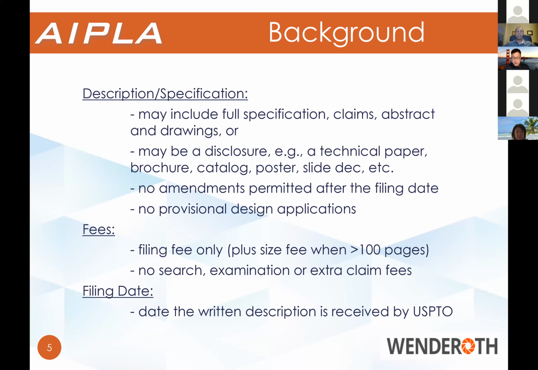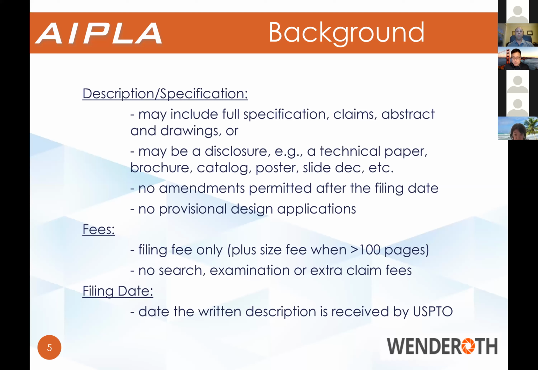So what's in the description or specification? Well, the application can include a full application, just like a non-provisional, with a full specification, claims, abstract, and drawings, just like you would file for a non-provisional. Or the disclosure can be a technical paper or a brochure or a catalog or a poster or a slide deck like I'm giving today.